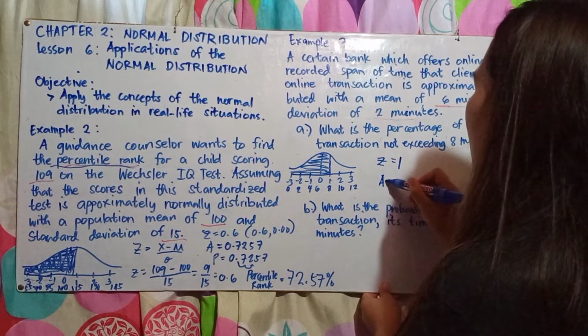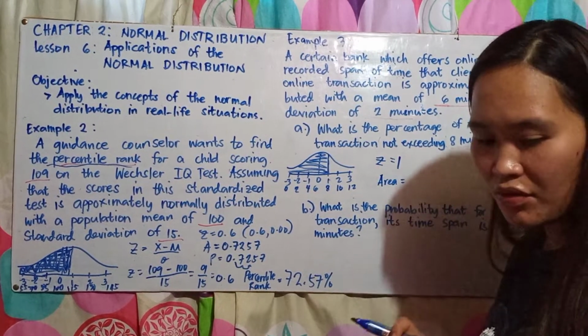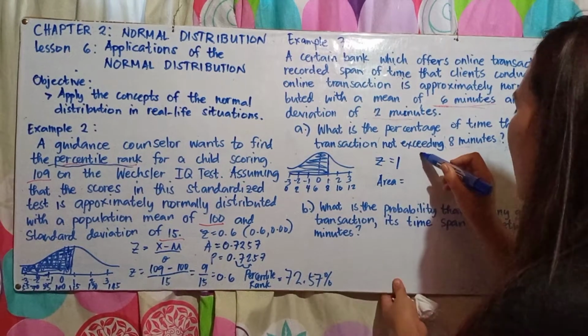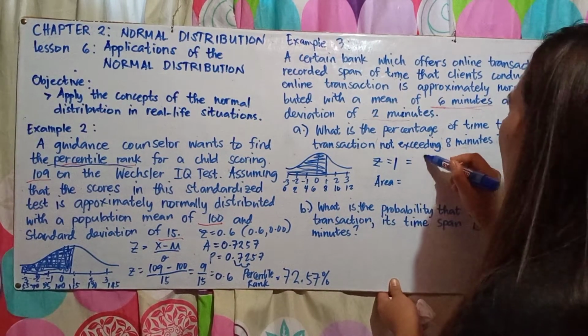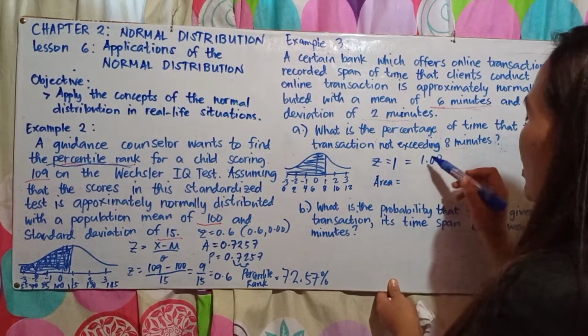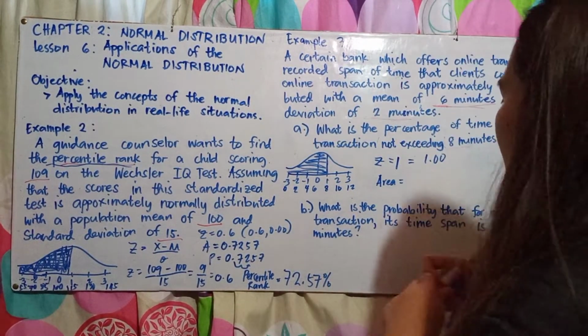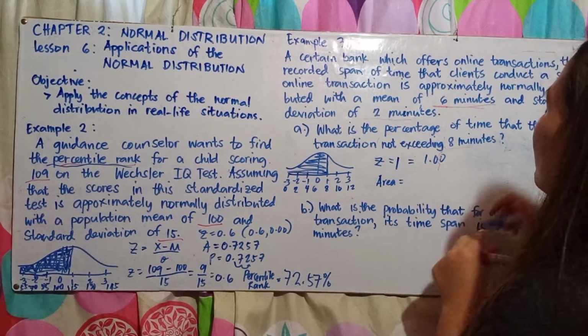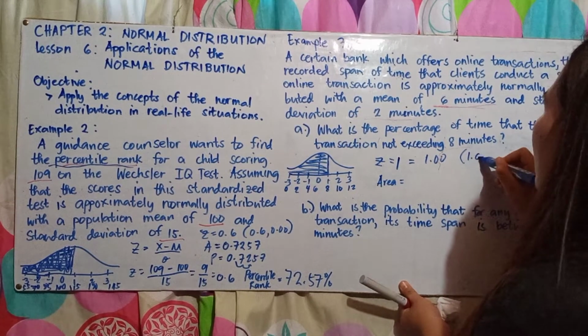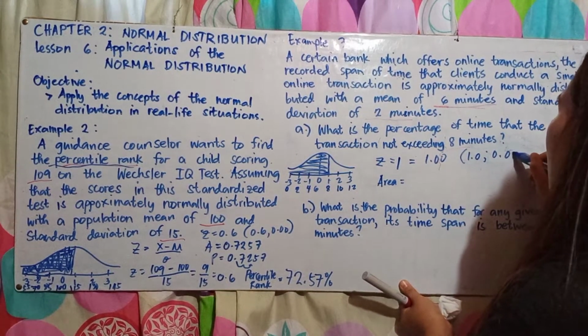Ang area sa 1, since ang 1 is equal to 1.00, paghation na nimo sila, mahimo 1.0 and 0.00.